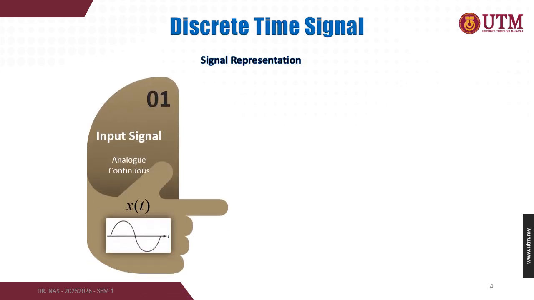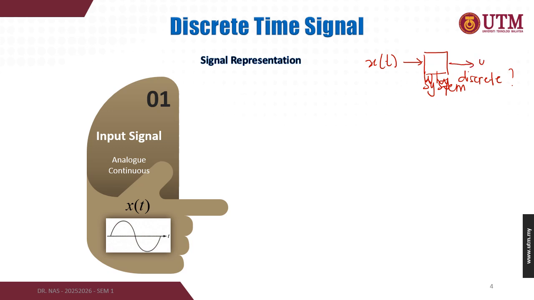If you remember, in the first topic we discussed the continuous time system, in which you have input signal x(t) transmitted into a system, and then the output is generated.